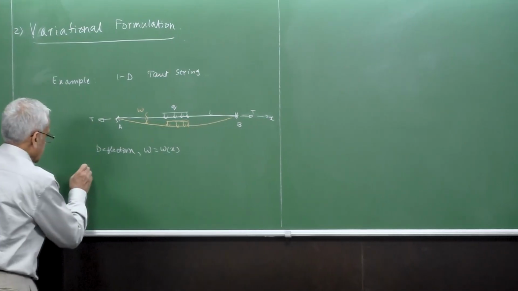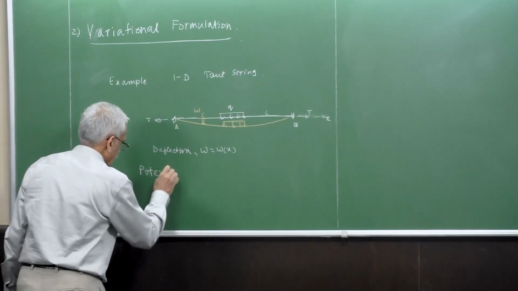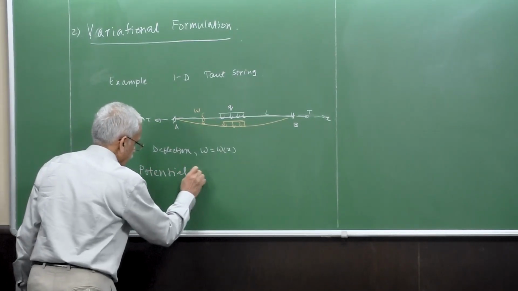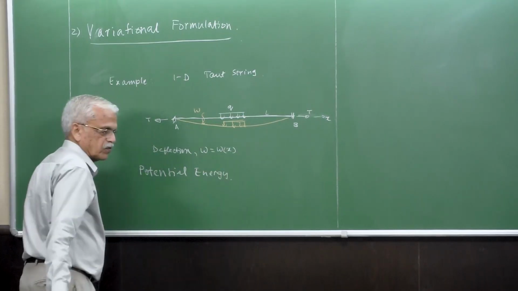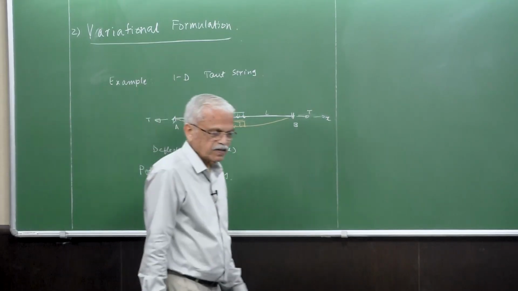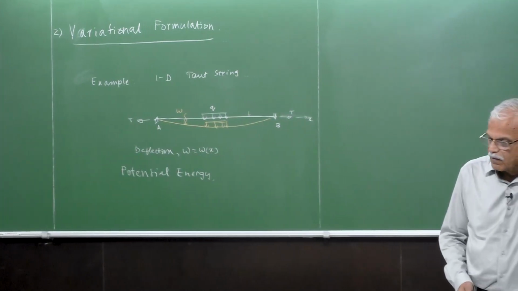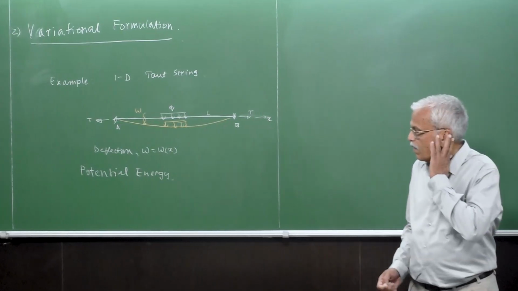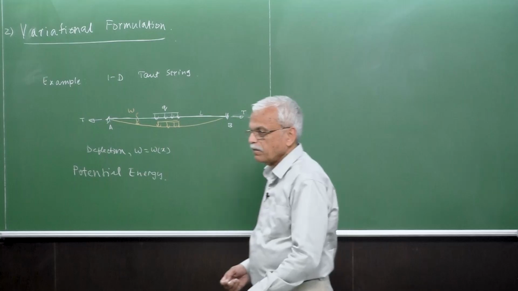We'll define a potential energy. This is the classical formulation wherein we say that a system will attain a minimum potential energy.